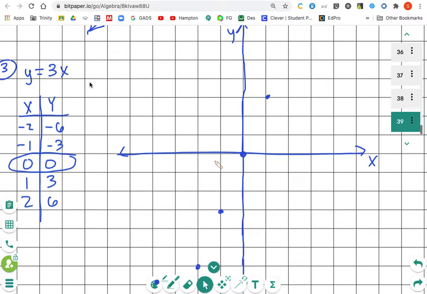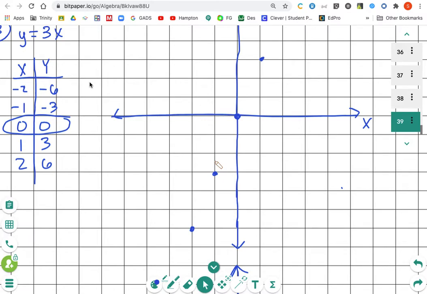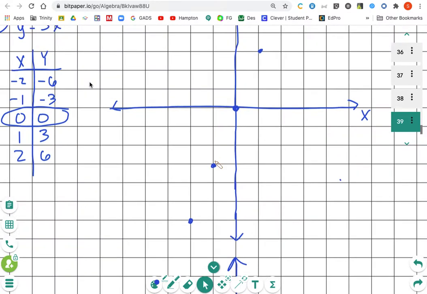And 2, 6. We're going to connect our ordered pairs. You're noticing that you're going to see the slope is positive.